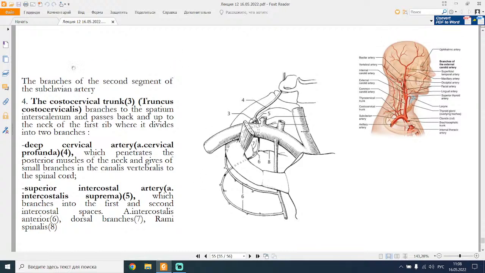The branches of the second segment of the subclavian artery.